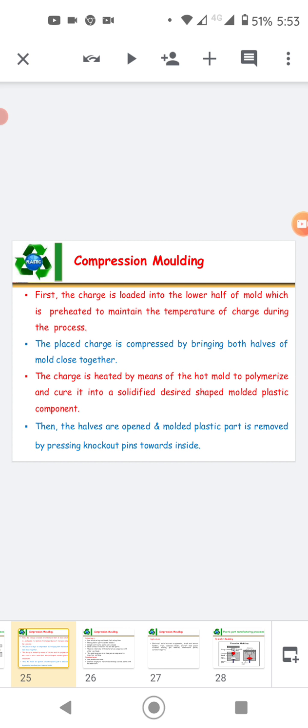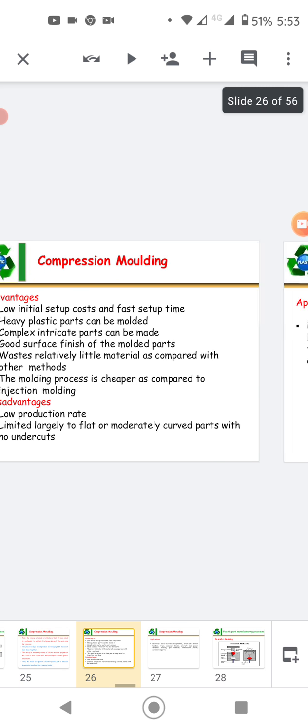Moreover, the vertical flash can be trimmed off easily. This type of mold is suitable for deep moldings and best suited to mass production of high quality products.